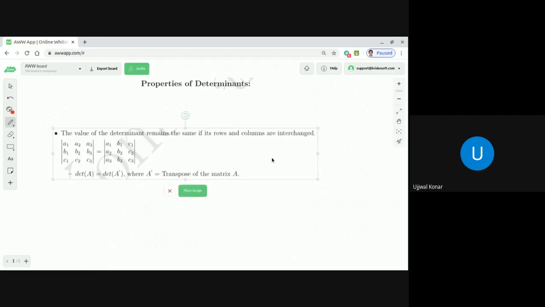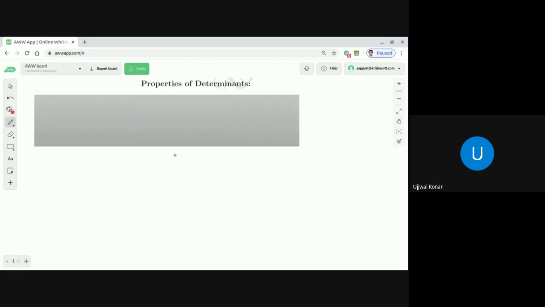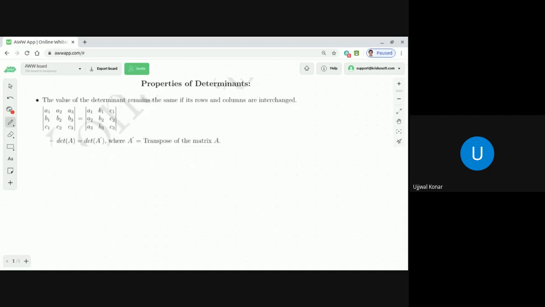If you look into the left-hand side determinant, dear students, row-wise it is A1, A2, A3, then B1, B2, B3, then C1, C2, C3.